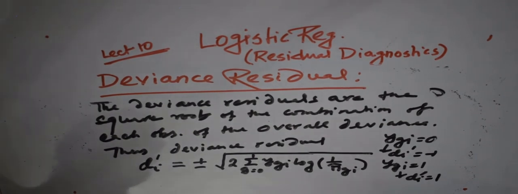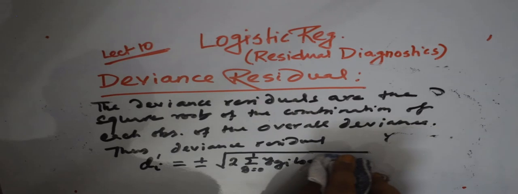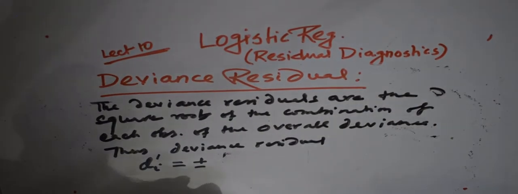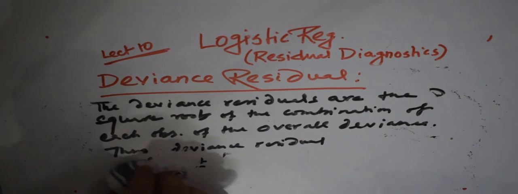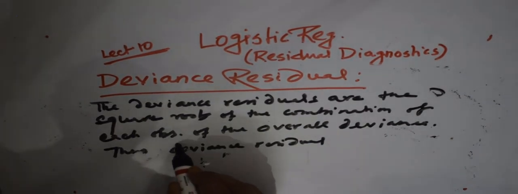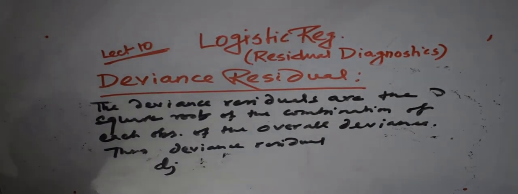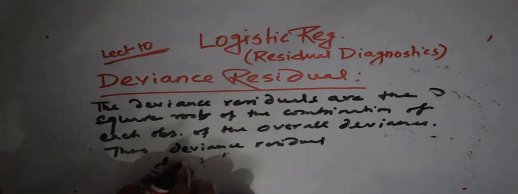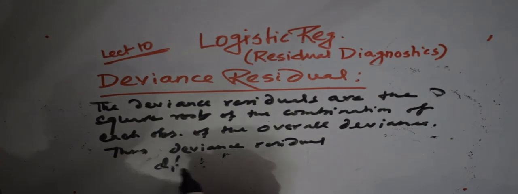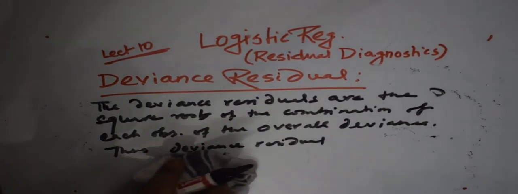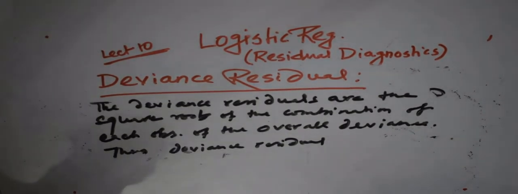And similarly for the grouped case, the deviance residual I denote d_i for the ith observation, and d_i dash for the ungrouped structure.